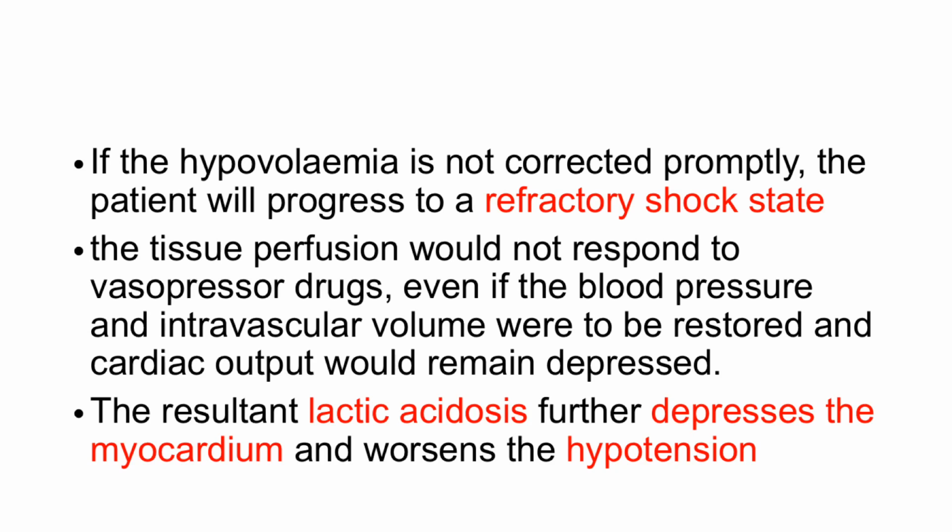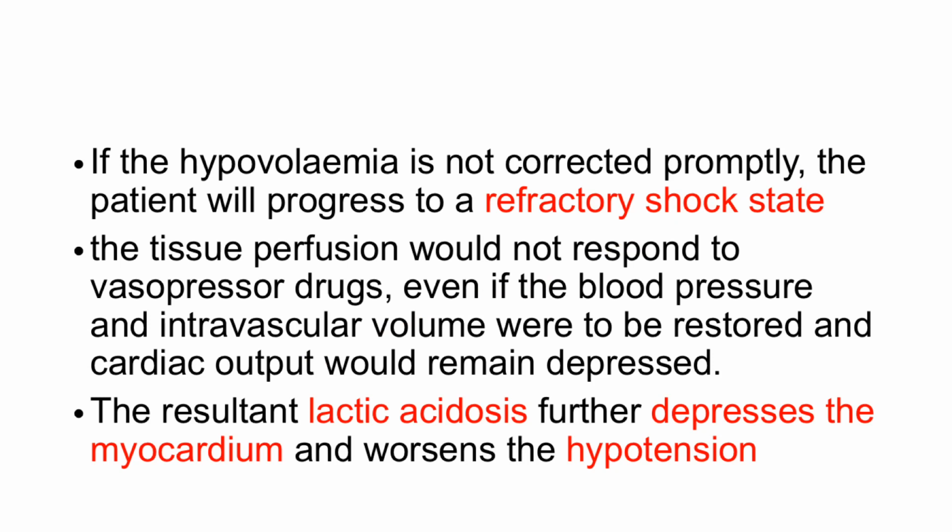When you are in a refractory shock state, the tissue perfusion will not respond to any vasopressor drug, such as noradrenaline, adrenaline, or dopamine. Even if the blood pressure and intravascular volume were to be restored, cardiac output will remain depressed.